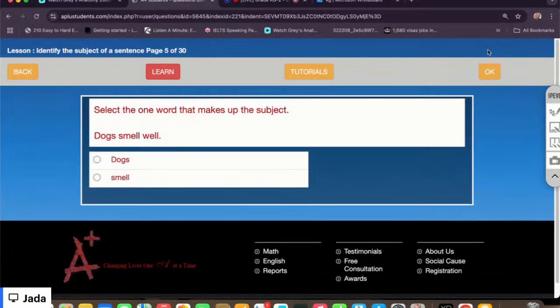Dogs smell well. So what's the subject here? What is the subject here? So what's the right answer here?